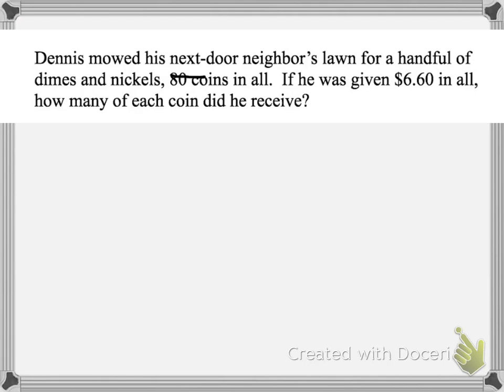but I do have my money equation in there. We know that we spent $6.60. It doesn't actually tell us money amounts for dimes and nickels, but you know the price of dimes and nickels.